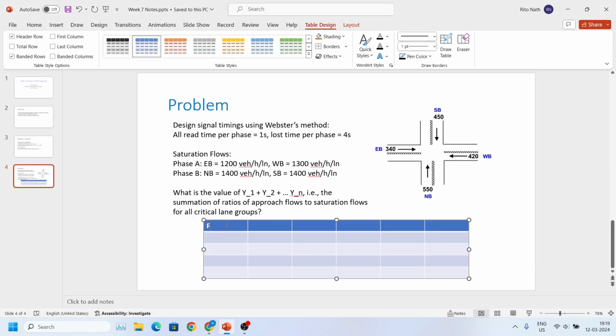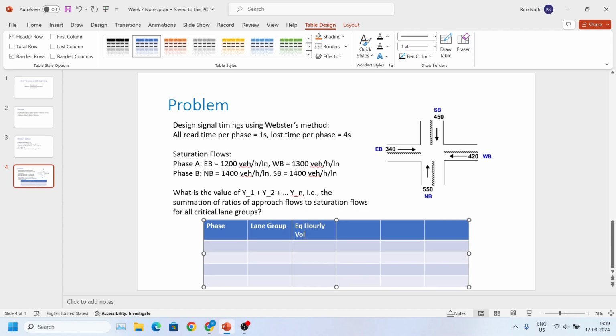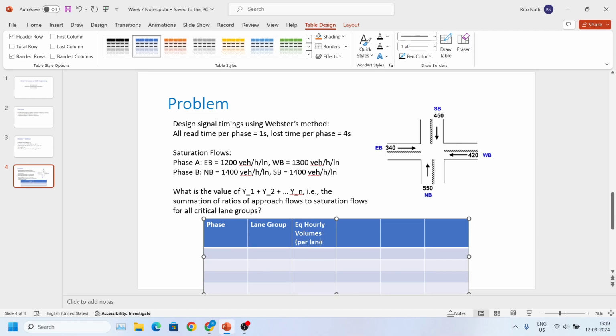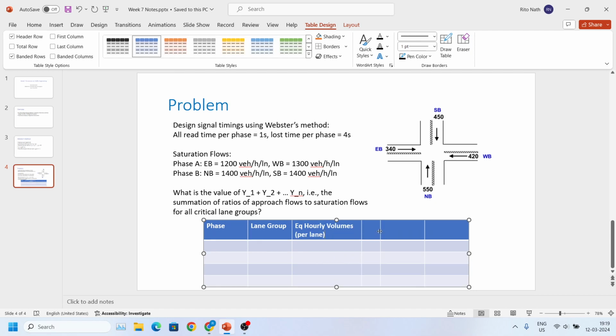So here it's the phase, then it's the lane group, then you have equivalent hourly volumes per lane. Next you have saturation flow.